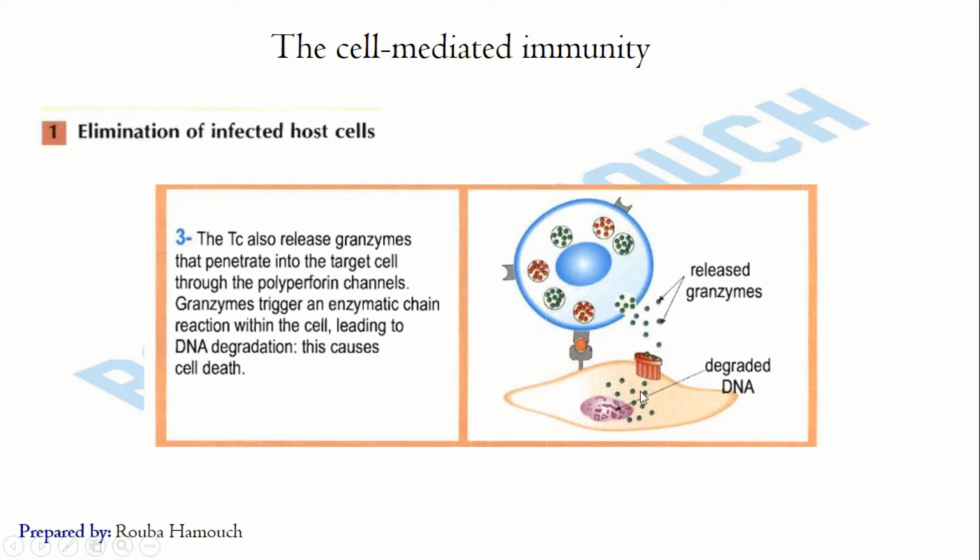Now the granzymes will activate or trigger an enzymatic chain reaction. The granzymes activate many enzymes in the cytoplasm, and these enzymes, activated by the granzymes, will degrade the DNA of the target cell. Thus, the target cell dies by apoptosis. Apoptosis is the death of a cell by the degradation of its DNA.